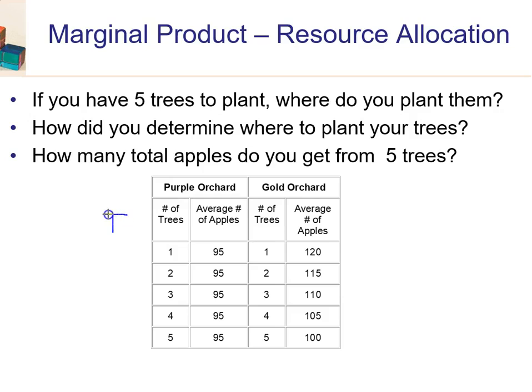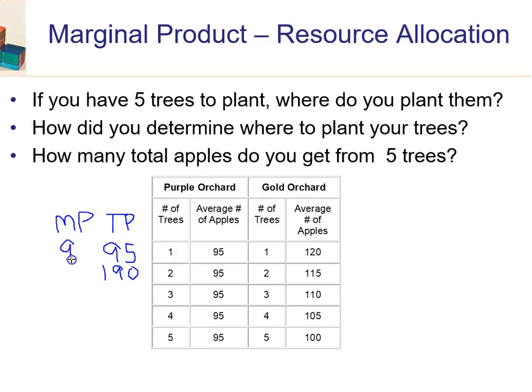The total from the purple orchard, if you have 1 tree, is simply 1 times your average of 95, or 95. What's your total productivity when you have 2 trees? It's 2 times 95, or 190. Likewise, let's calculate the marginal productivity for the purple side. Your first tree, how much increase of apples do you get?